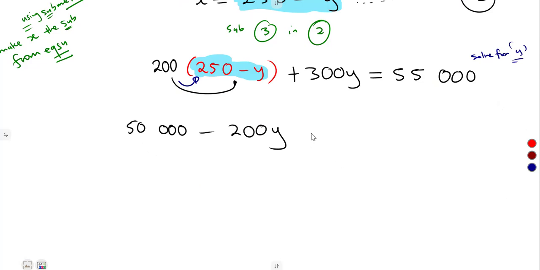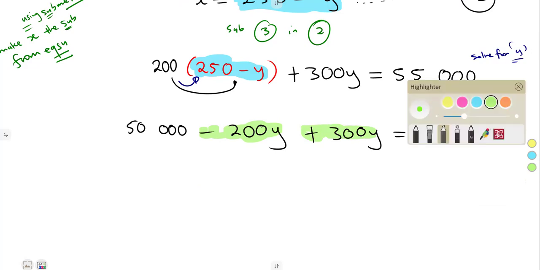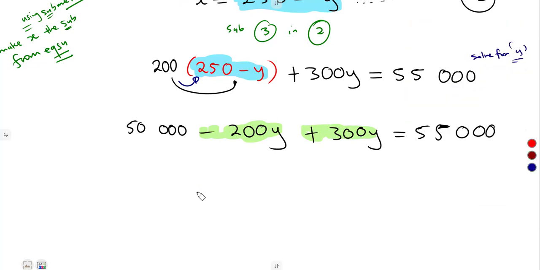This is going to remain as it is. All right, so that is equal to 55,000. So this is it, guys. In order for you to solve, you can collect the like terms, of which we have got the part of y here. Minus 200 plus 300 is going to be 100. Is that so? That is 100.